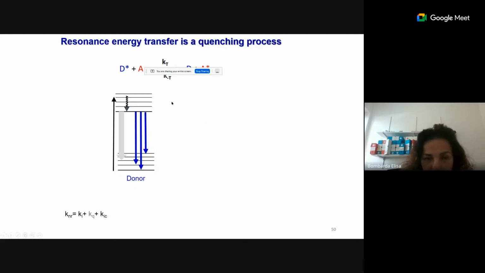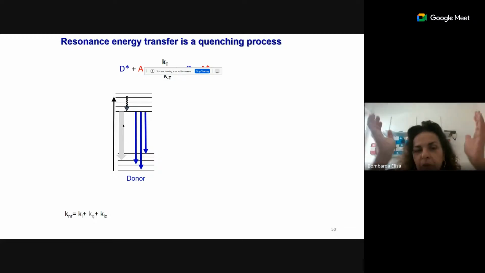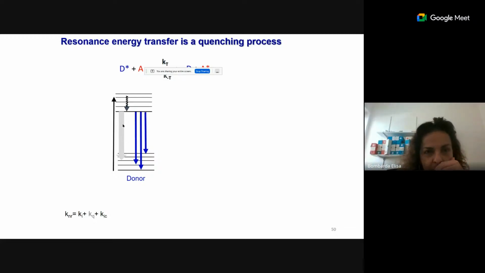So this is what happens then. In this case, I reduce the Jablonski diagram of the donor. I make it compact. So the blue is the fluorescence, and with the gray arrows, let's say, the non-radiative pathways altogether. So those are the two elements of the emission. That is the donor alone.